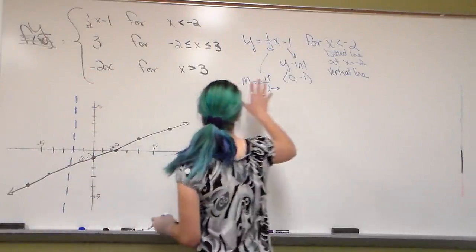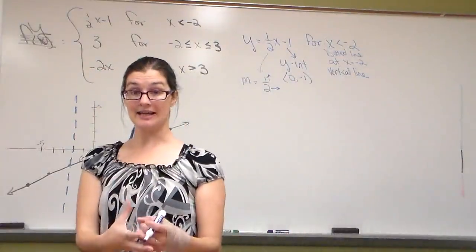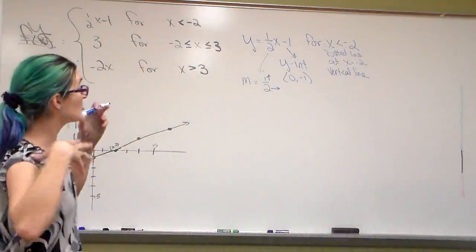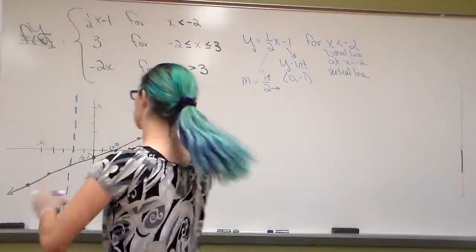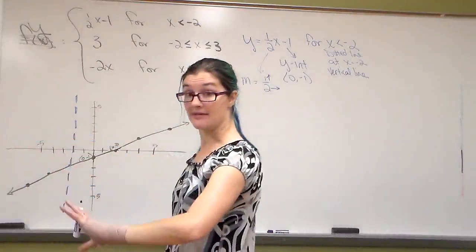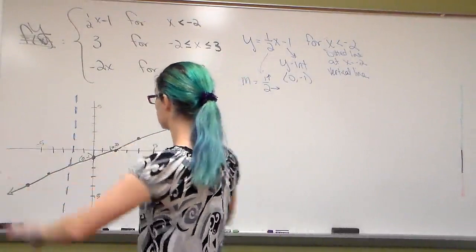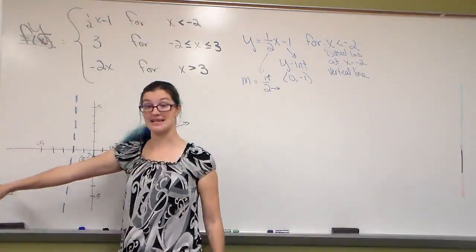Okay? Then we know x is going to be less than. So your line, that's our x, is going to be less than -2. If I'm looking at x's, that's going to be left. Left of -2, that's the bigger negative numbers. So that's where it's going less than.